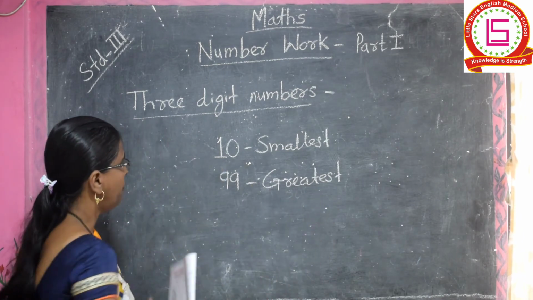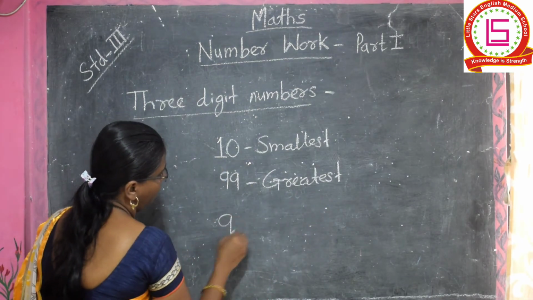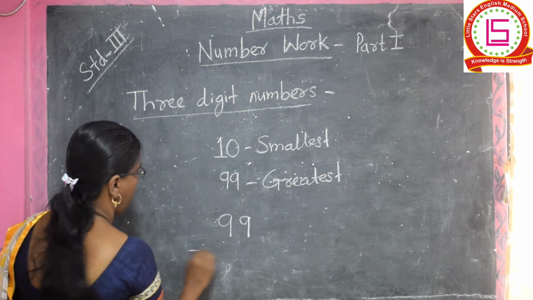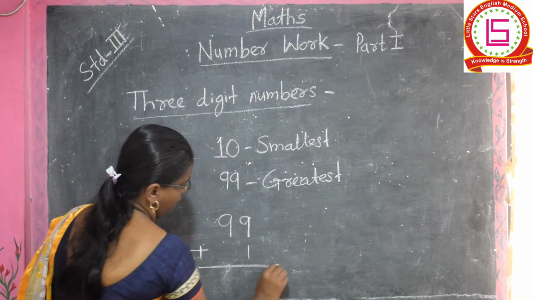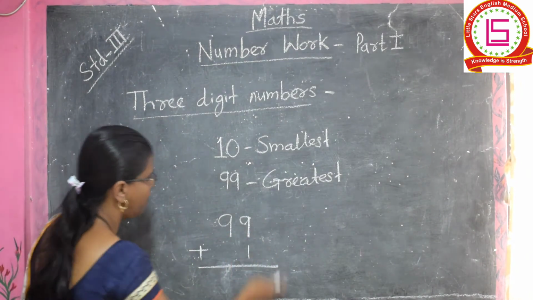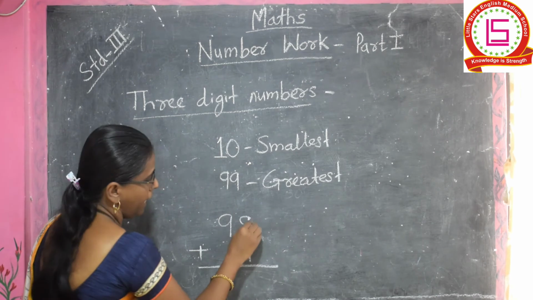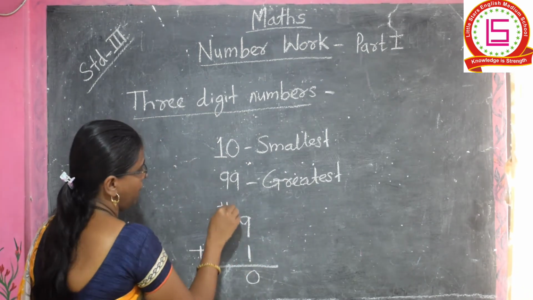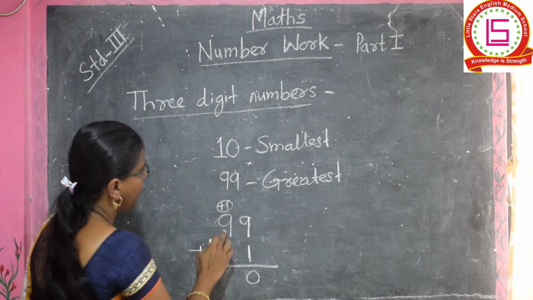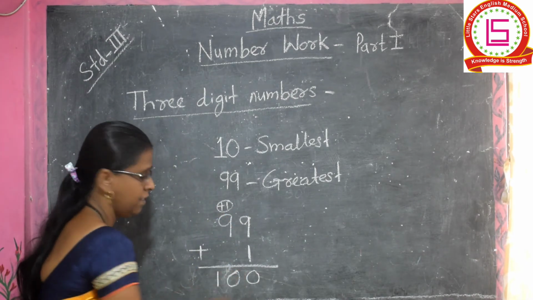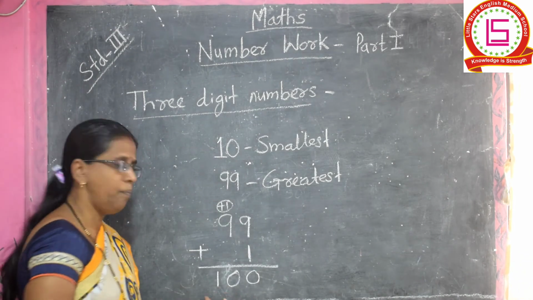Now if we add 1 to this 99, which number will you get? 9 and 1 is 10, 0 plus 1 is carry over. Then 9 and 1 is 10. Then see, a number we get.